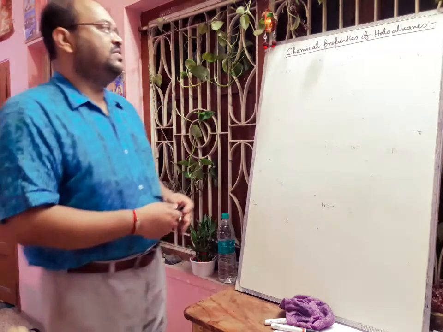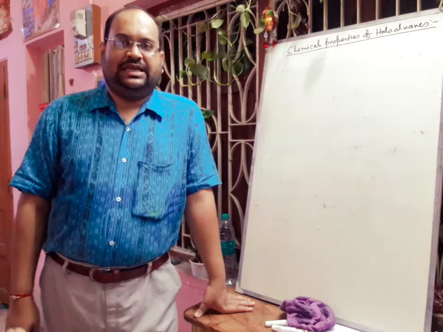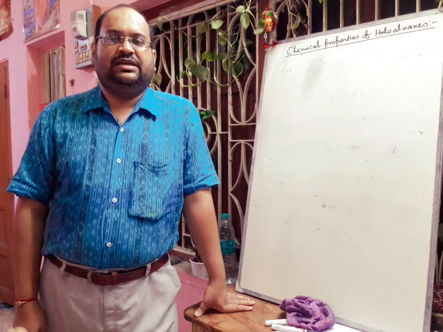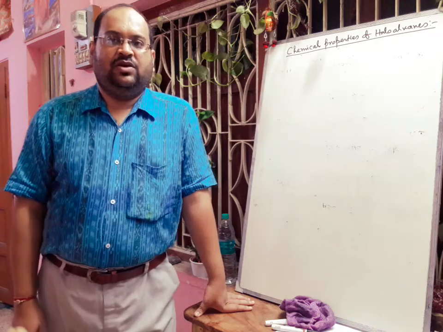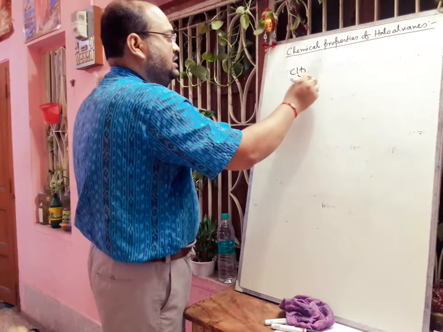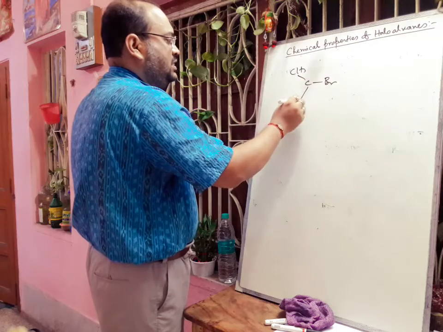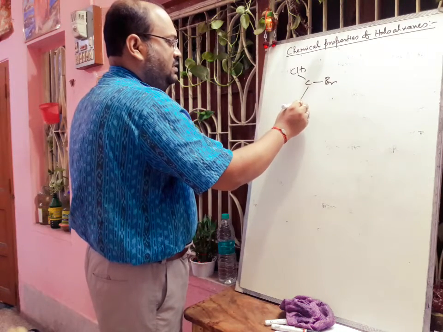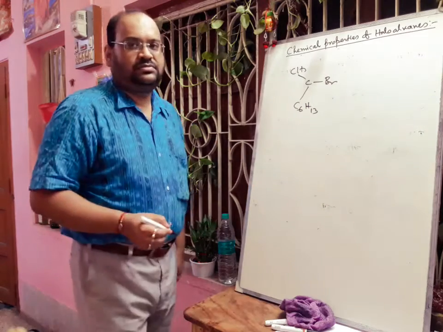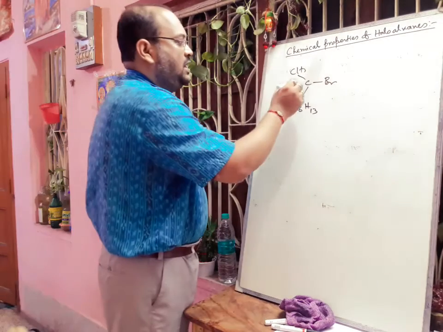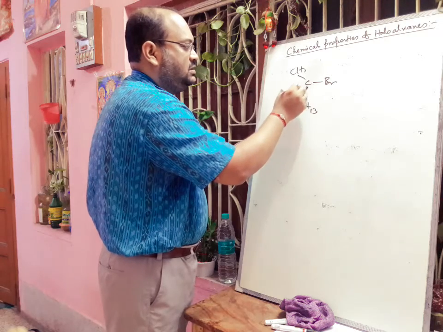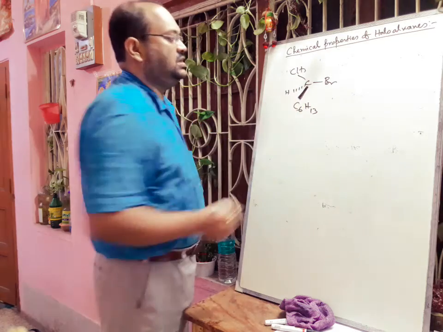Generally, in case of SN1 reaction, there will be racemization, and in case of SN2 reaction, there will be inversion of configuration. We can take one example like CH3 CHBr C6H13, and if we draw their Fischer formula, then you can understand.